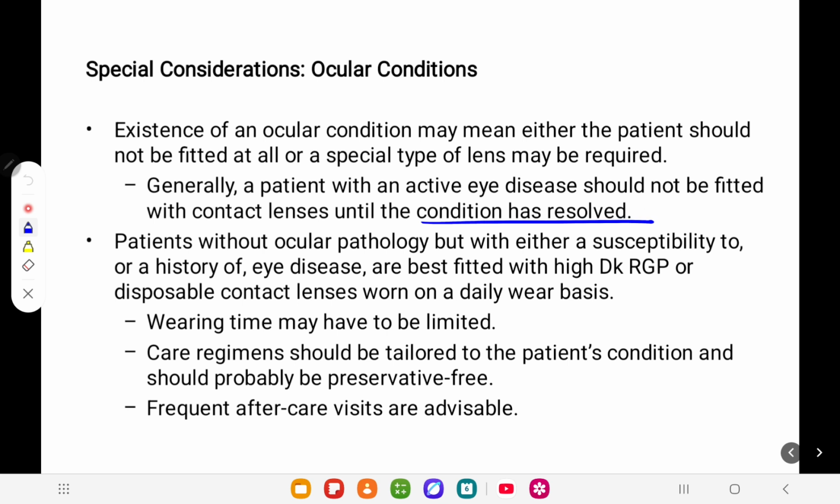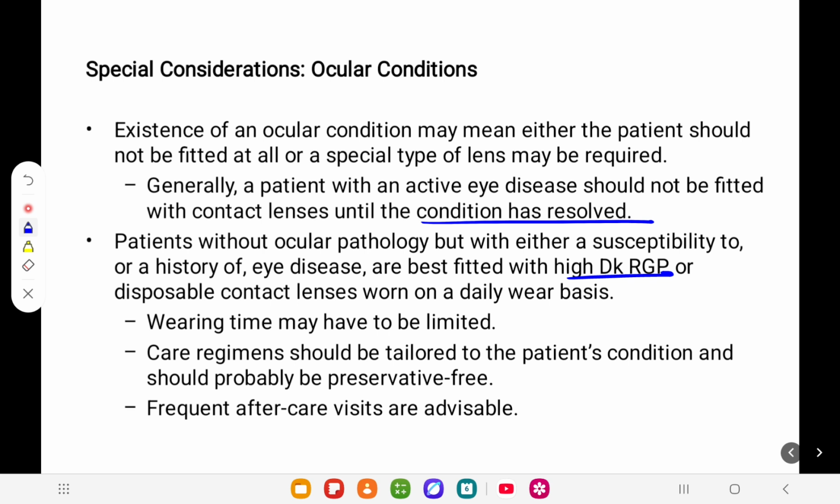With active disease, the therapeutic contact lens is another story, but generally, if there is active eye disease, you must hold off. Generally, patients without ocular pathology but with either a susceptibility or a history of eye disease are best fitted with a high Dk or disposable contact lens. Definitely, we don't want the cornea deprived of oxygen. So it's always better if there is a history of something like viral keratitis.